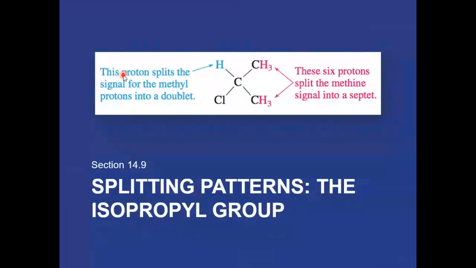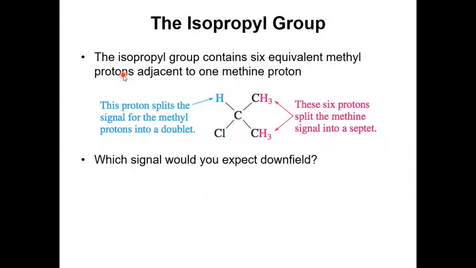Now next example, look at the isopropyl chloride. Again, first thing, let's look at how many peaks, how many signals you're expecting from this compound. Basically, to answer this, you need to know how many kinds of protons we have here.